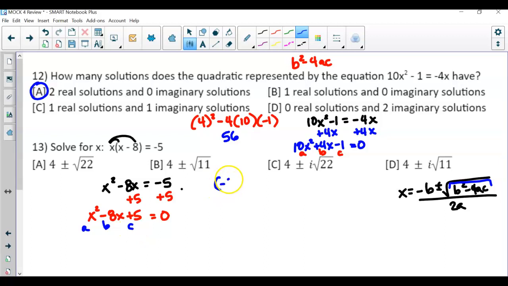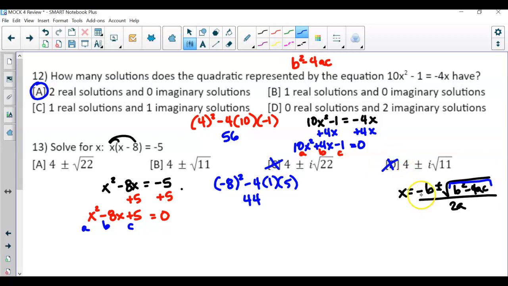So this is negative 8 squared minus 4 times 1 times 5. So now here I get a discriminant of 44. Now because this is positive, I don't need i in my answer. So I'm going to mark off C and E because the discriminant is now positive.